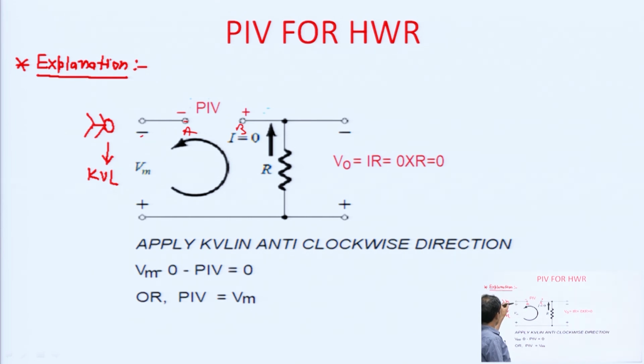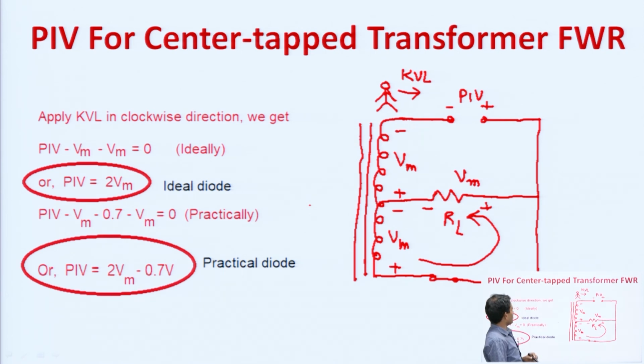If we move from this point to this point, this voltage is Vm and this voltage is 0 because the load current is 0. So minus PIV plus Vm is equal to 0, this means PIV is equal to Vm. You can apply KVL in the clockwise direction also, the PIV will be Vm, that is the peak value of the input voltage.